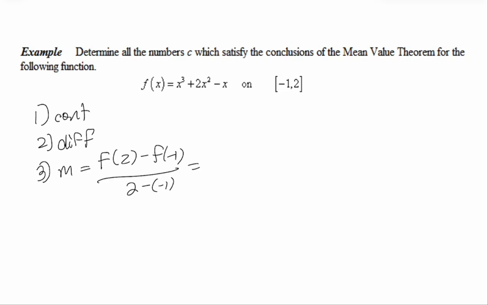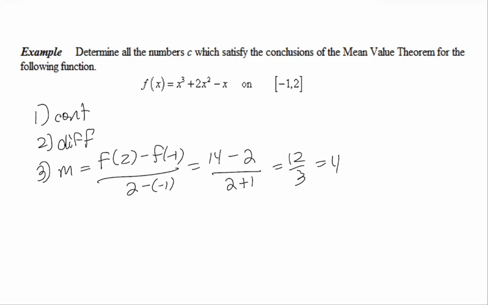If we plug in 2 to our function, we get 8 plus 8, which is 16, minus 2, which is 14. If we plug in negative 1, we get negative 1 plus 2 plus 1, which is 2. And then this is 2 plus 1. So we get 12 divided by 3, or 4.